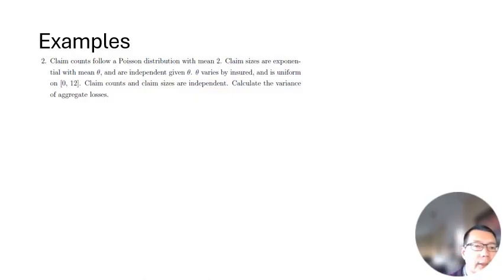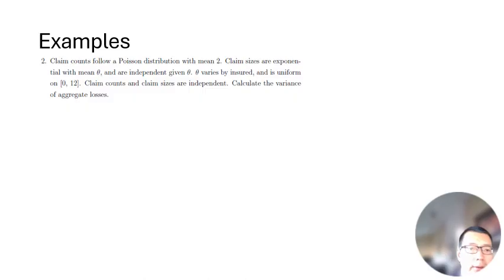Let's look at an example. Claim counts follow a Poisson distribution with mean equal to 2, claim size is exponential with mean equal theta, and they are independent given theta. Theta varies by insured and is uniform on 0 to 12. Claim counts and claim sizes are independent.